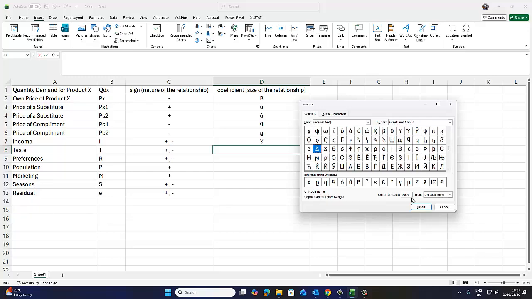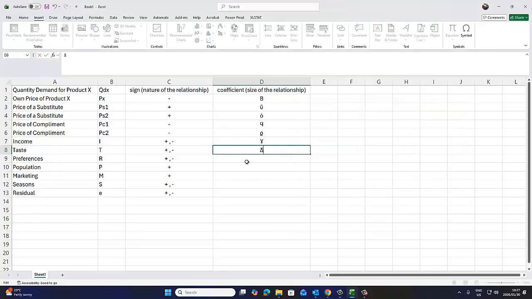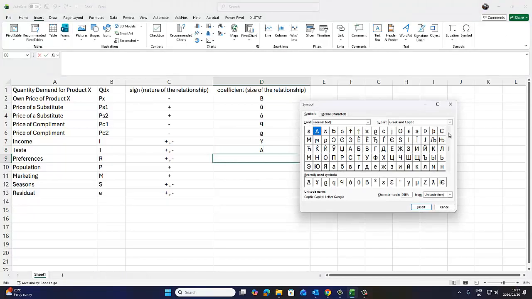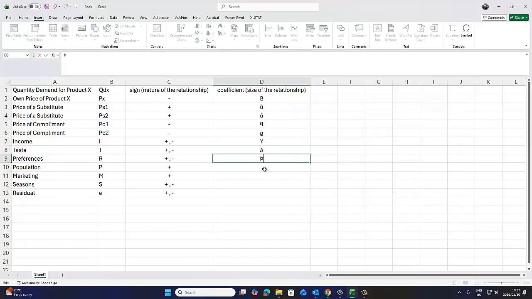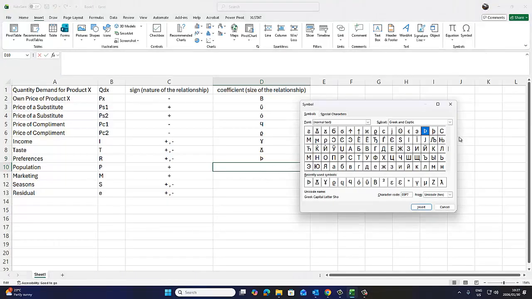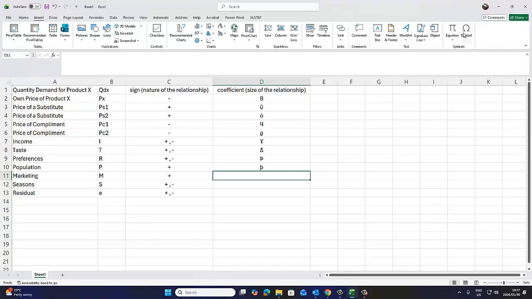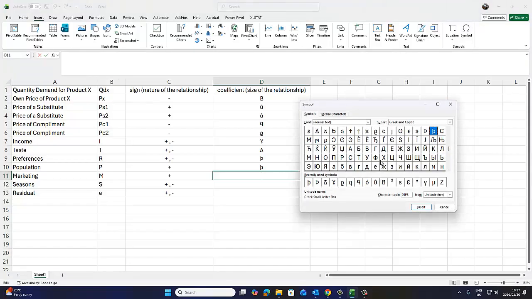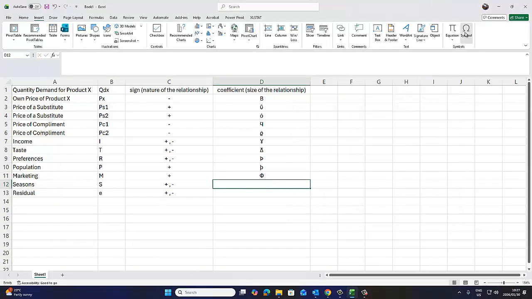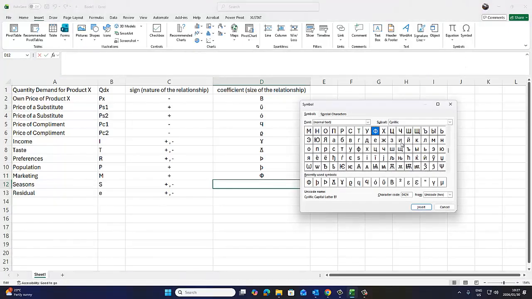So that one for taste. Preferences. Which one should we use for preferences? Let's do that for preferences. Population. Let's do this one for population. Marketing. Let's use that one for marketing. And then seasons. Let's use that one for seasons.